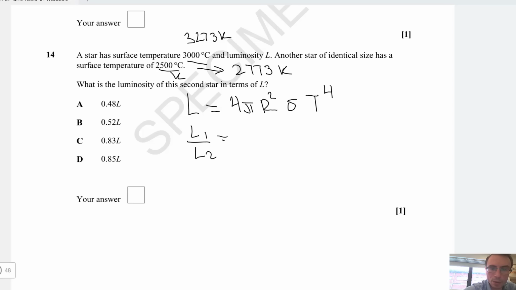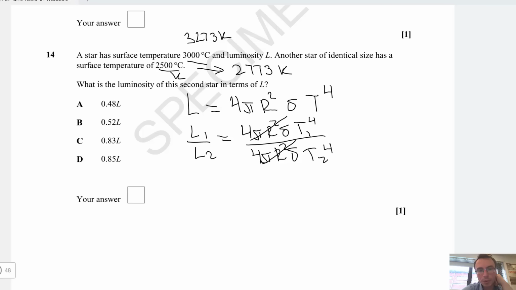So I'm going to go L1 over L2 will be equal to 4 pi r squared. All this stuff is going to essentially get cancelled in a minute. 4 pi r squared, Stefan constant, T2 raised to the power of 4. Okay, now look at this.